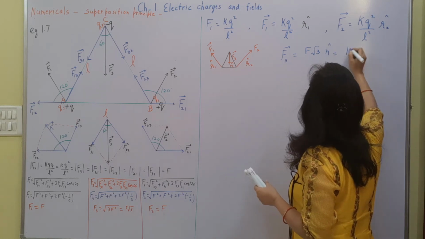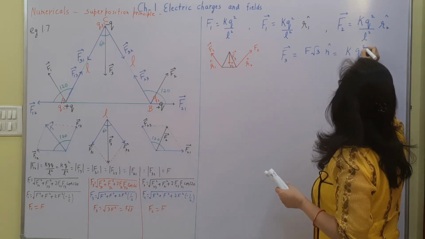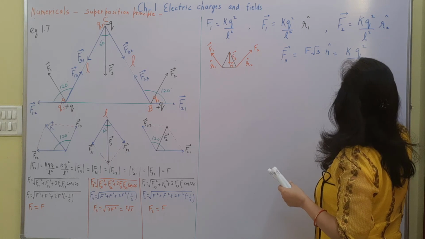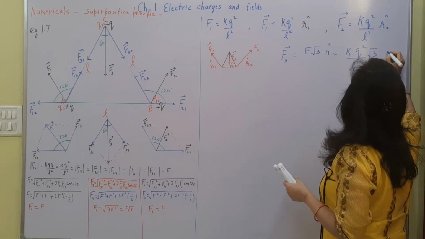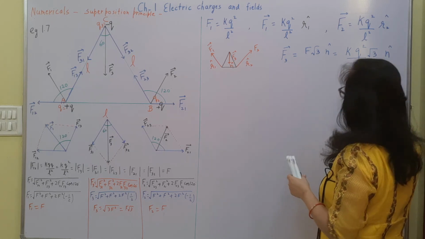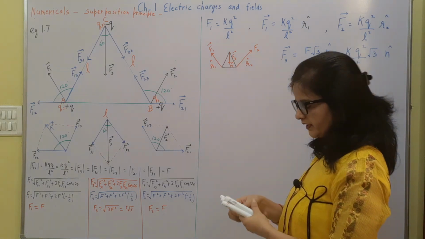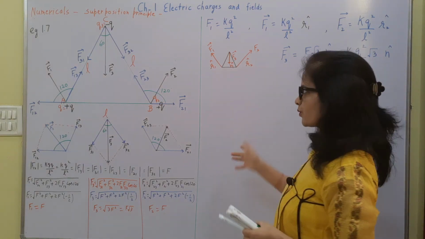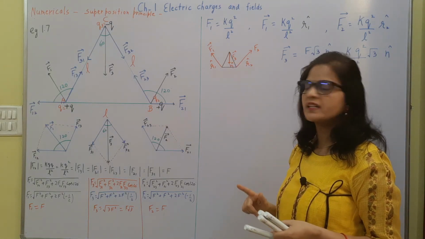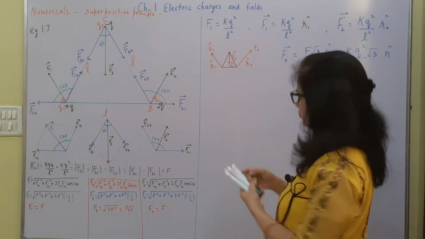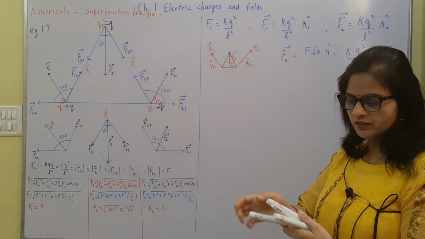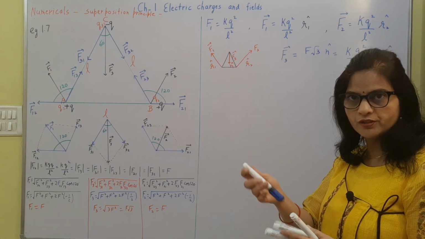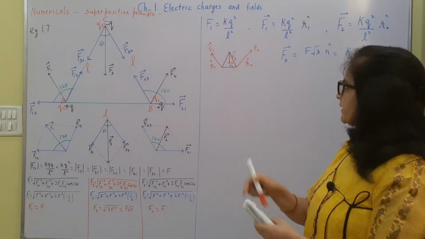That means k q square upon L square into root 3 into n cap. Now if I have to find the resultant, in this question we were supposed to find F1 vector, F2 vector and F3 vector only, but they have left one part in NCERT for you to solve. So where we can find the net force.